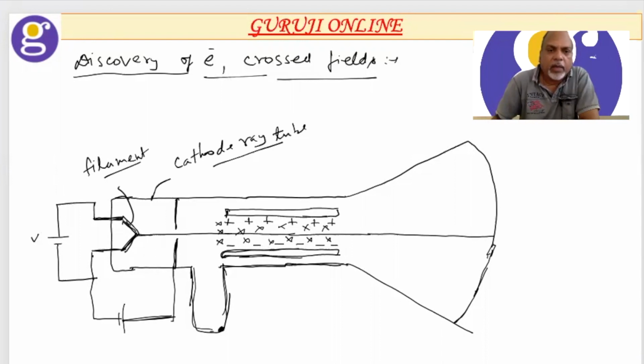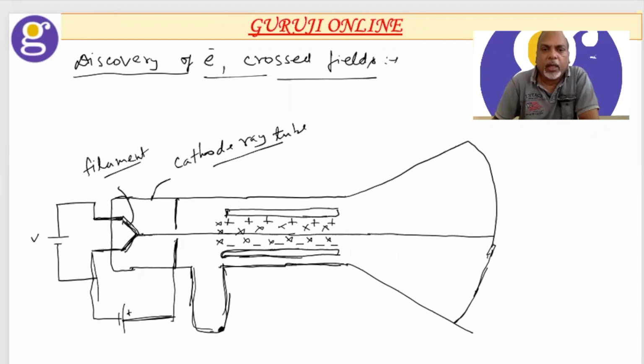There is another battery of high voltage, and this is a slit. Here you see this is the positive terminal, so this slit is at the higher potential. Naturally, the electrons from this filament are attracted through this slit, and this forms an electron beam, the electrons being accelerated due to this high voltage.